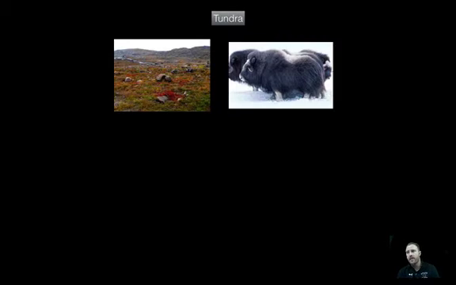Because the ground is frozen most of the year, they have something called permafrost. Permafrost is where you have frozen soil.